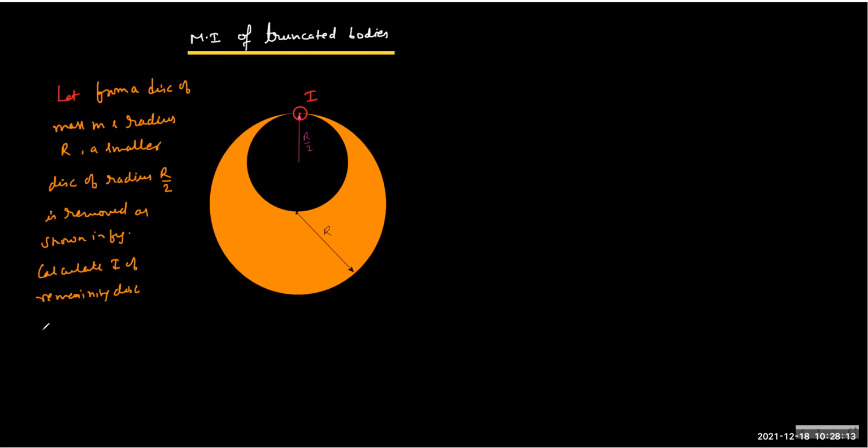Calculate I of the remaining disk about a given axis. Okay, 3 mr square by 4.